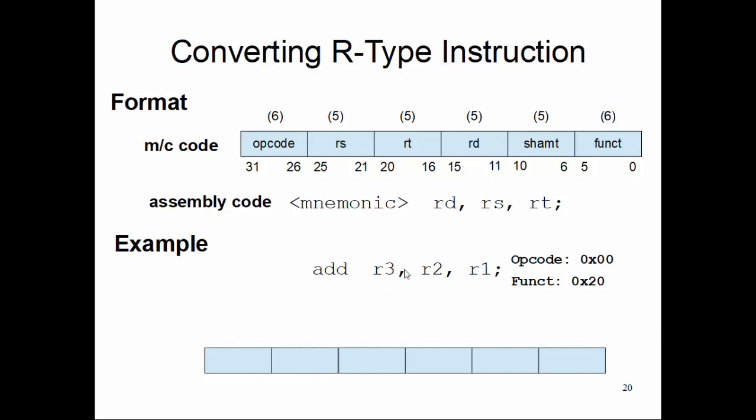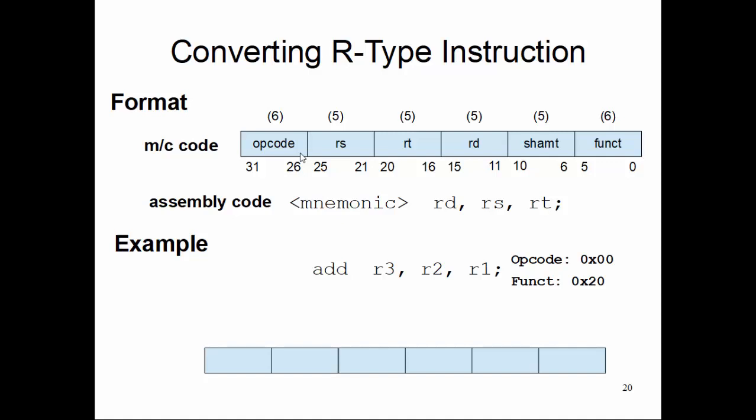At this point, you need to know what my opcode is, and for R type, what my function code is. For all R type instructions, your opcode is 0. That's why in the earlier slide you saw that if the first 6 bits are all 0, they can imply different instructions.